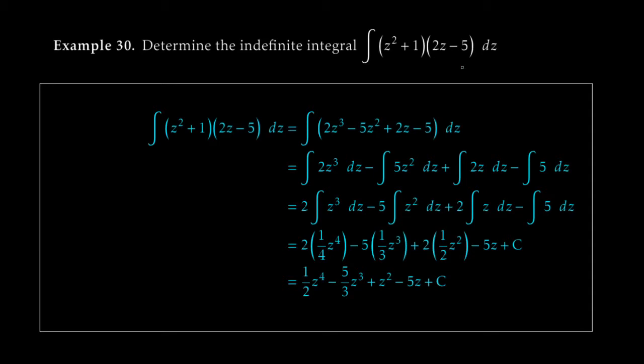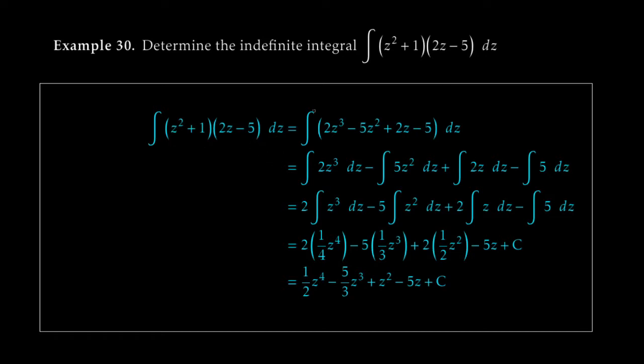So let's take this in a less convenient than is maybe possible way, just by expanding everything out. So the indefinite integral of z squared plus 1, that whole quantity, times the quantity 2z minus 5 dz, we'll just expand the integrand.